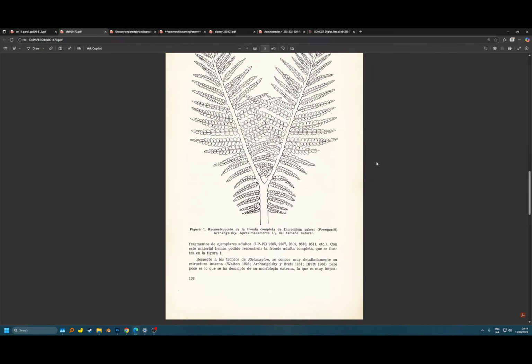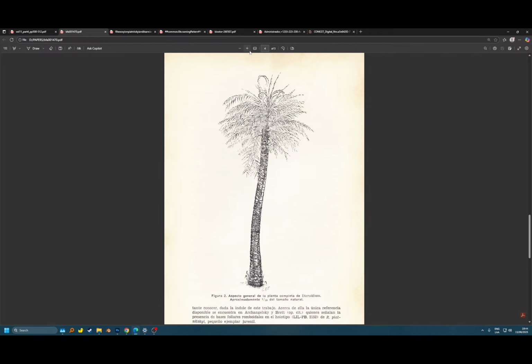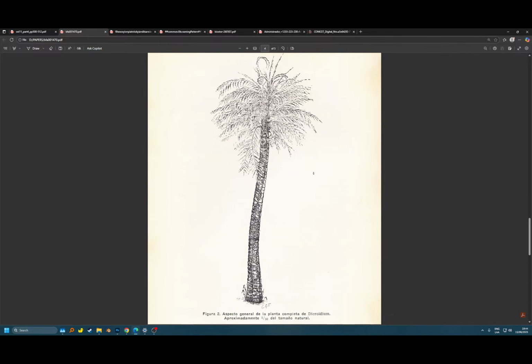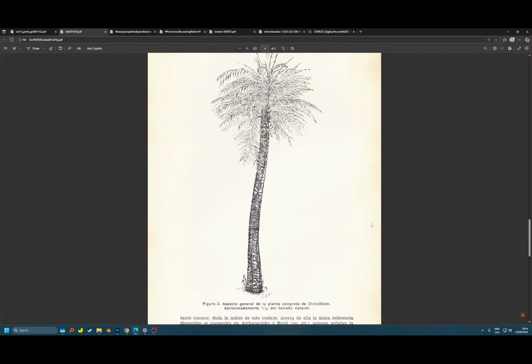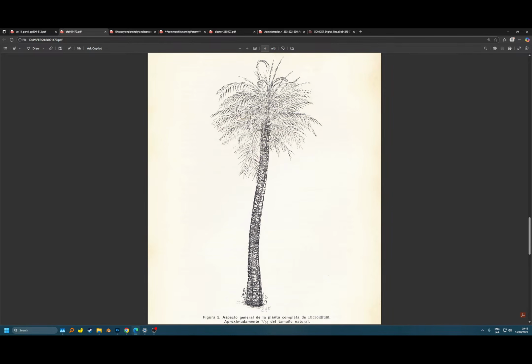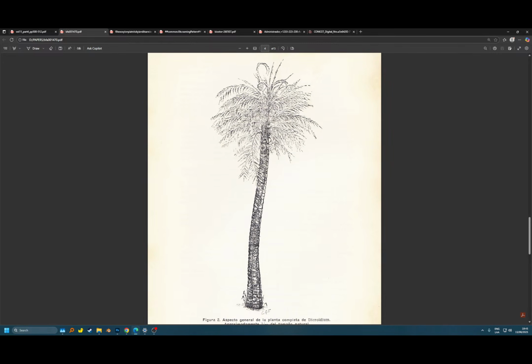But what does not make sense is to think of a palm-like growth like this. Why? First of all, because the Rexoxylon stumps don't show a long columnar growth that ends up in a crown of fronds. This is fantasy.